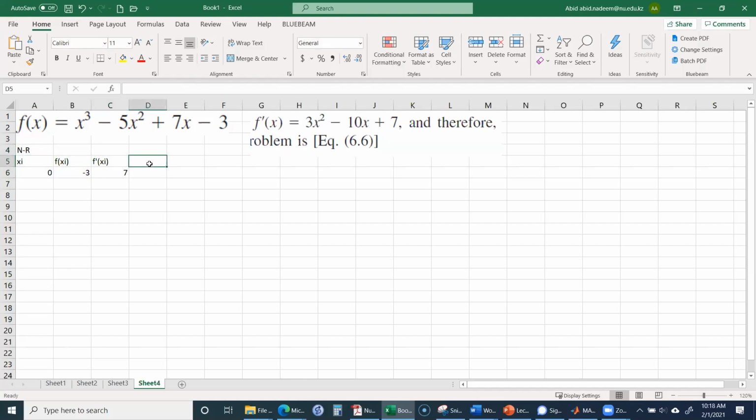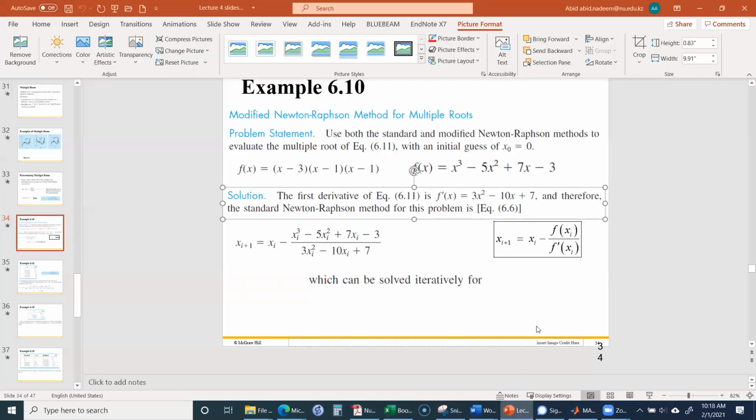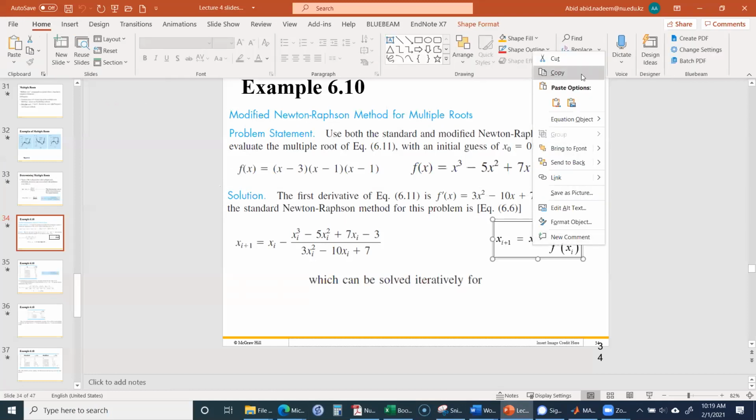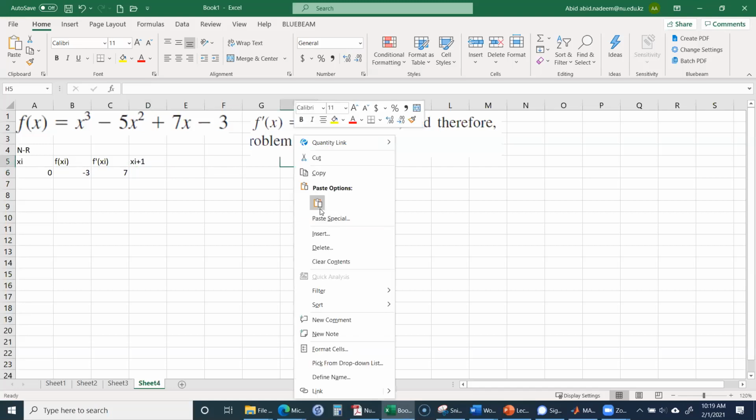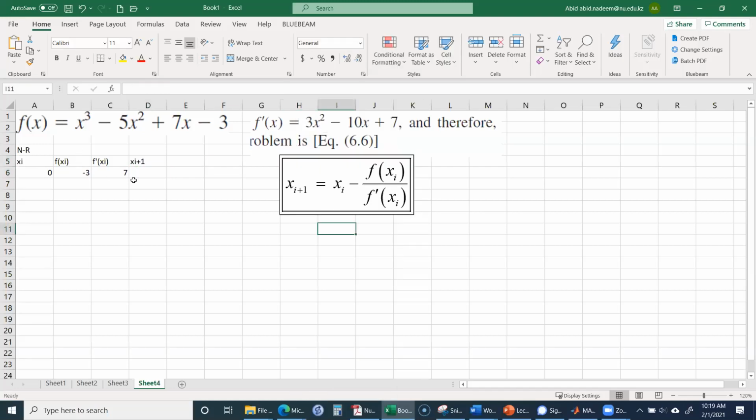Now in the Newton-Raphson method, I can find xi plus 1, the next iteration. This is the formula for the Newton-Raphson method, so I just apply it: xi minus f of xi divided by f prime of xi.